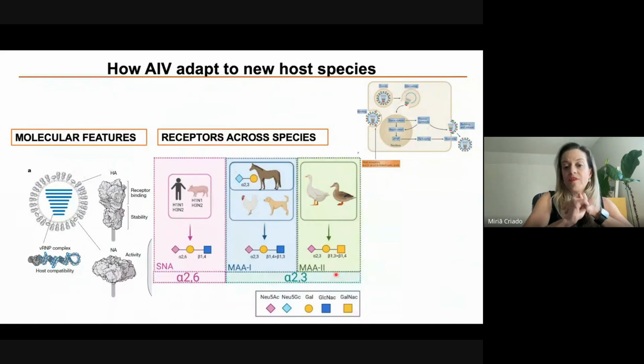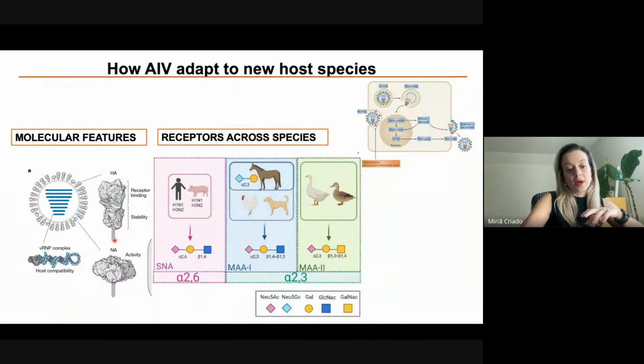But despite the fact that influenza has different mechanisms for generating adaptation and also the possibility to infect different species, you have probably been thinking about how influenza can adapt to new hosts. Basically, in a really simple way, these changes and this adaptation occur due to changes in molecular features, most of the time related to the surface glycoproteins.